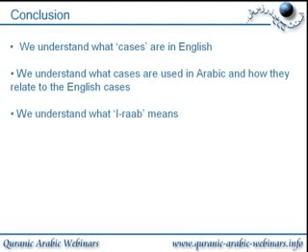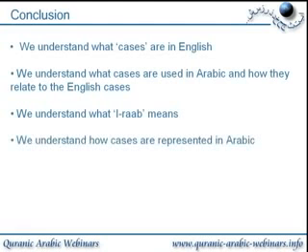We understand what i'rab means, so that's when you're using either tanween or even the short vowels or extra letters to help us identify the state or the case of our nouns or pronouns. We understand how cases are represented in Arabic, and we went through three: the tanween, the short vowels and some extra letters like una and ina. However, that's just a very simple few examples.